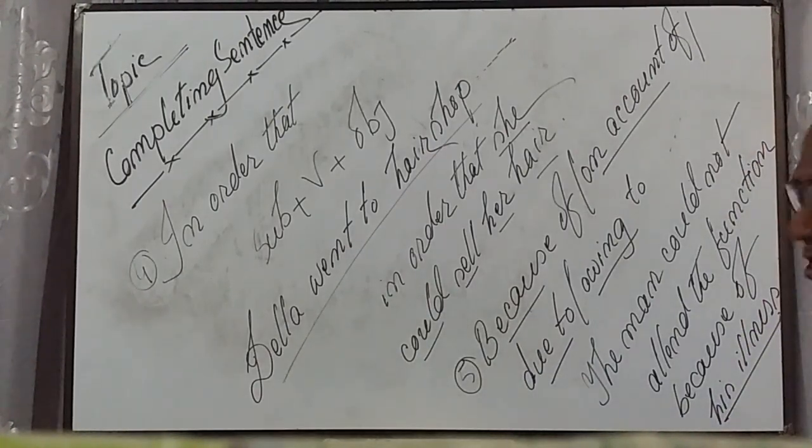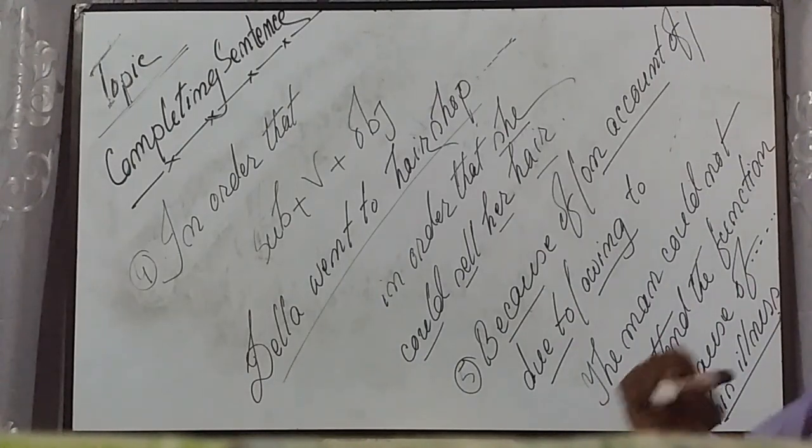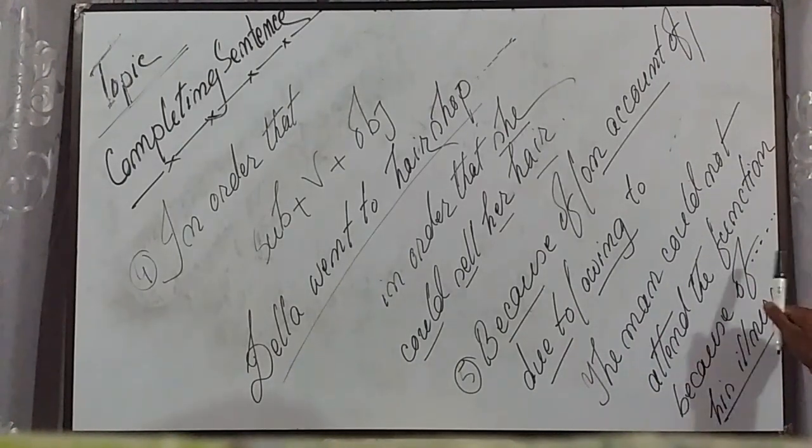This is very important. It is given on the question paper: The man could not attend the function because of, then you will have a gap. In that gap, you have to write only one word that will be a noun: his illness. Illness is a noun. So in this way, you can make it complete. Right? Okay.